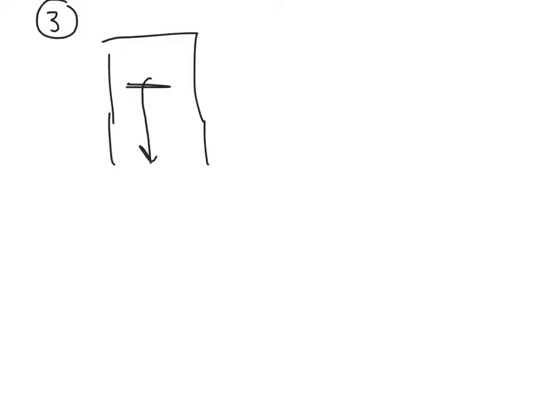Okay, problem number 3. You have a person on a building. They're washing the windows. The person's squeegee falls down. This distance is, let's say, 0 meters, and it lands at negative 15 meters.